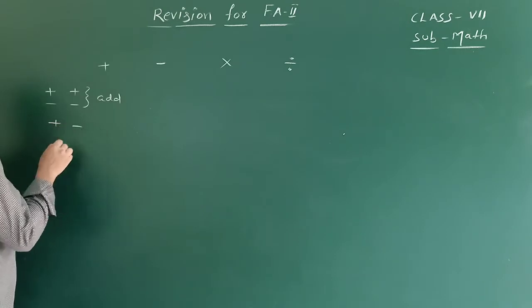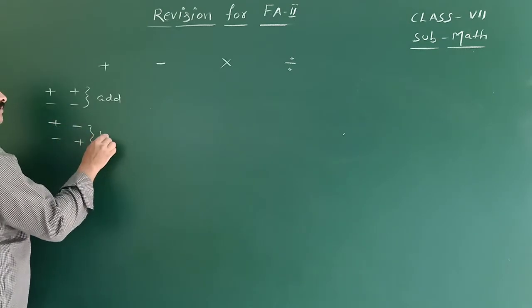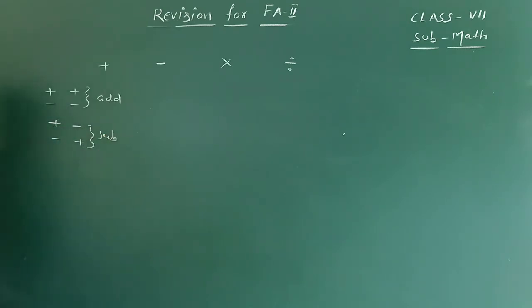For the opposite signs, we need to subtract and assign the sign of the greatest digit. Otherwise, for the same sign, find the absolute values, add, and assign the same sign. For the opposite, subtract the absolute values and assign the sign of the greatest one.